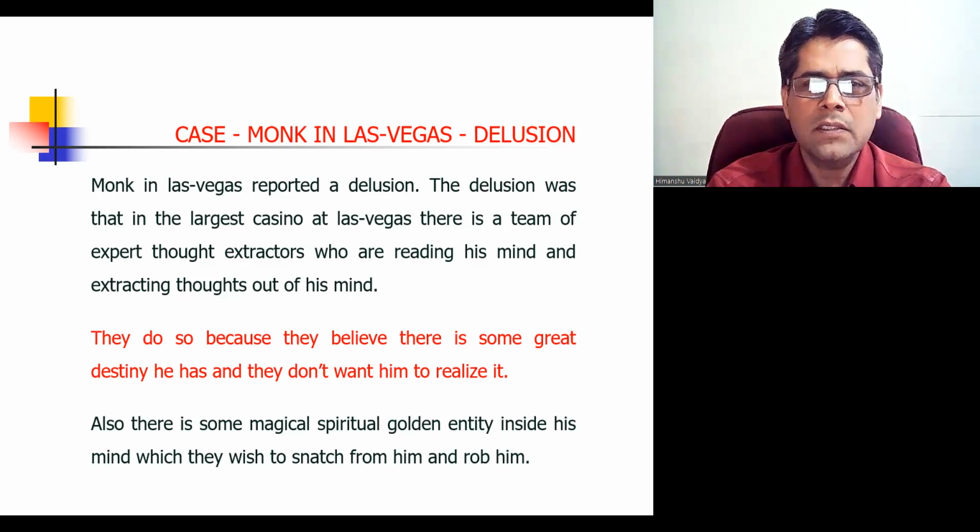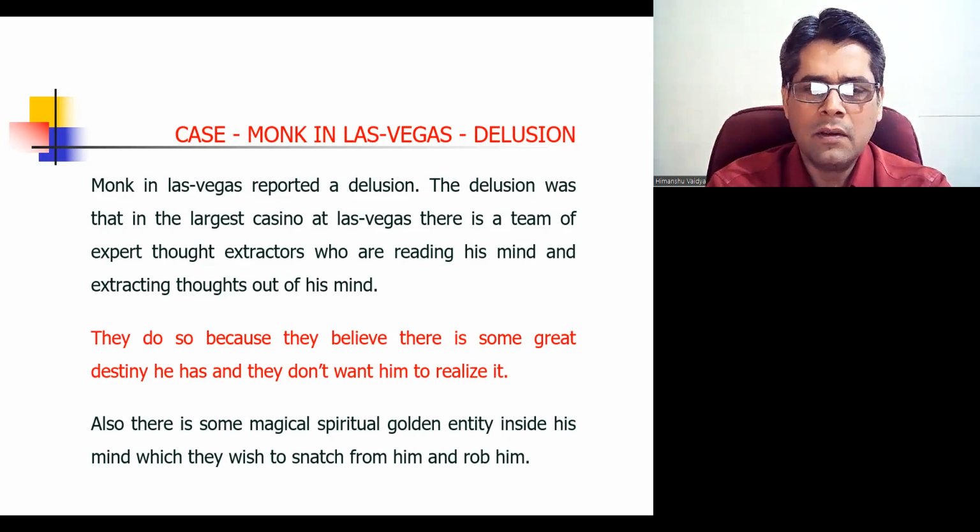Monk in Las Vegas reported a delusion. The delusion was that in the largest casino at Las Vegas, there is a team of expert thought extractors who are reading his mind and extracting thoughts out of his mind. They do so because they believe there is some great destiny the monk has, and they don't want him to realize that destiny.